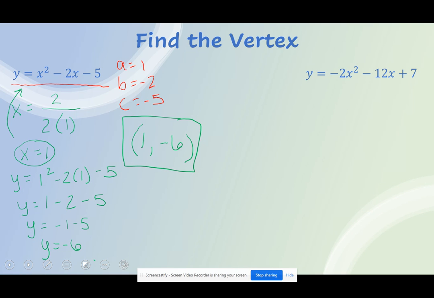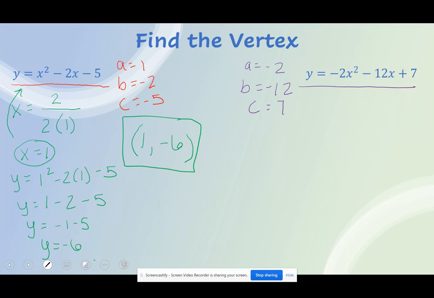Now we're going to look at our next equation. So we have y equals negative 2x squared minus 12x plus 7. In this case, our a is negative 2, because again, you can't ignore the signs. B is negative 12, and c equals 7. For these, you don't really need c to plug in for anything, but we're going to point it out anyway.